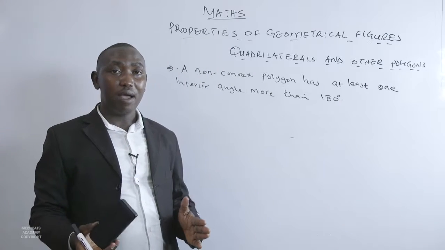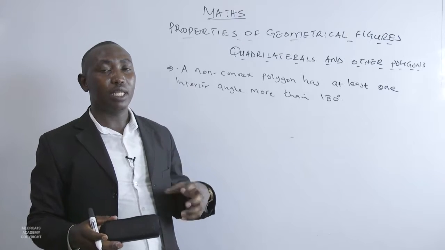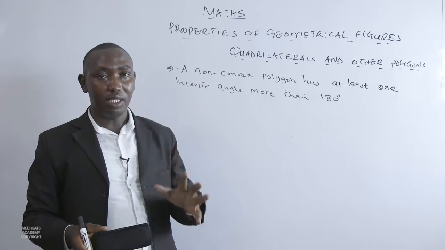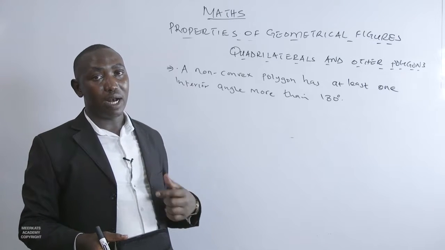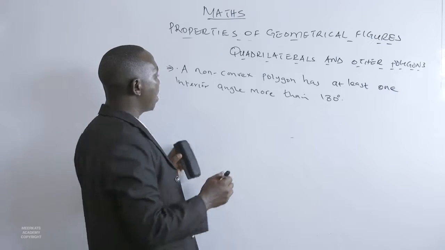So if you measure the size of the angles making up that polygon, you'll discover that at least one of the angles is greater than 180 degrees, and that gives it its non-convex nature.